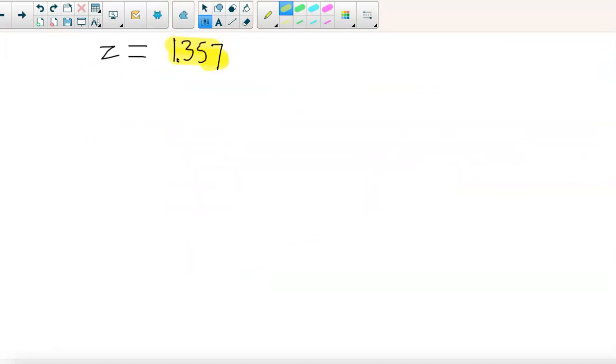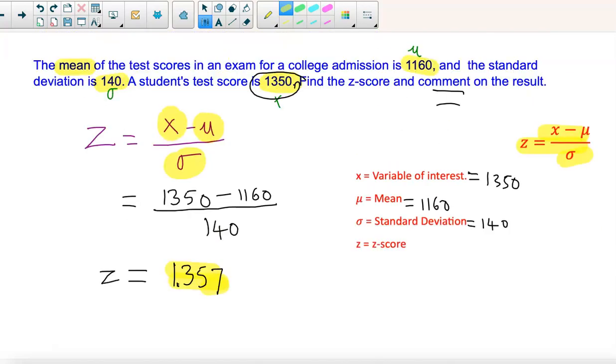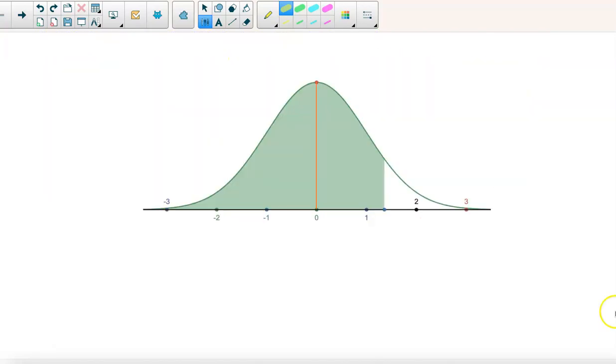I think I have the z chart up here for you to see. Okay, look, this is what you have. This is the z chart. The graph of the normal distribution, the mean which was 1160. This is a particular case where the x value is 1350, right?